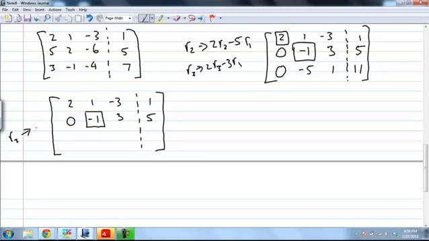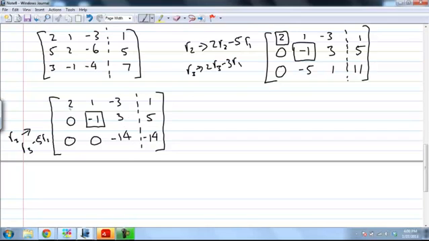So row 3 will go to row 3 minus 5 row 2. I'll maintain a 0 in the 3-1 position. I'll also get a 0 in the 3-2 position. And now I have 1 minus 15, negative 14. And on the right-hand side of the equation, I have 11 minus 25, which gives me negative 14.